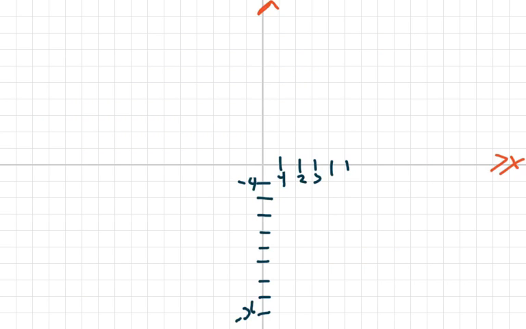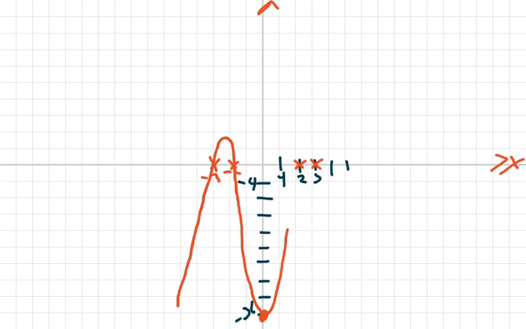Okay, so we have 3, negative 3, and 2, negative 2. My y-intercept is negative 36. Now I know I start in quadrant 3. I'm going to go up, come back down, and hit all these main points.